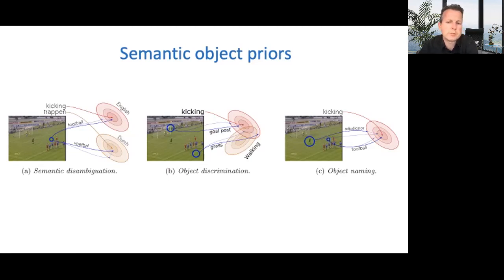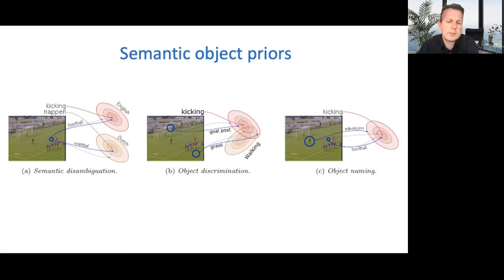Now, the importance of grass should be decreased, as it is also relevant for other actions, while the opposite happens for goalpost. Having the goalpost detected is a really important cue for the actions of interest to occur. One can use knowledge hierarchies like WordNet and dedicated score functions.